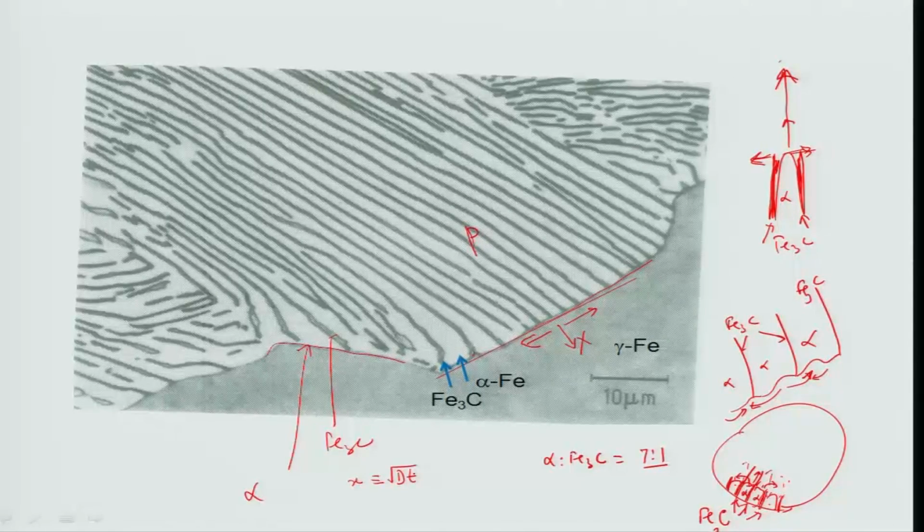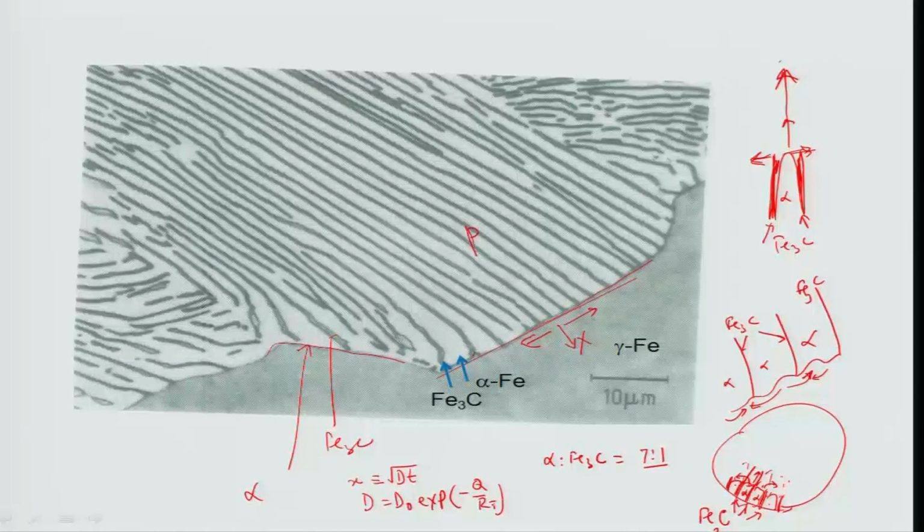The distance travelled by the carbon atom during any diffusional transformation can be approximated to root Dt, where D is the diffusion coefficient of the carbon atom and t is the time you provide for the system to transform. So, as you know, D is basically temperature dependent. How? It is D0 exponential minus Q by RT.